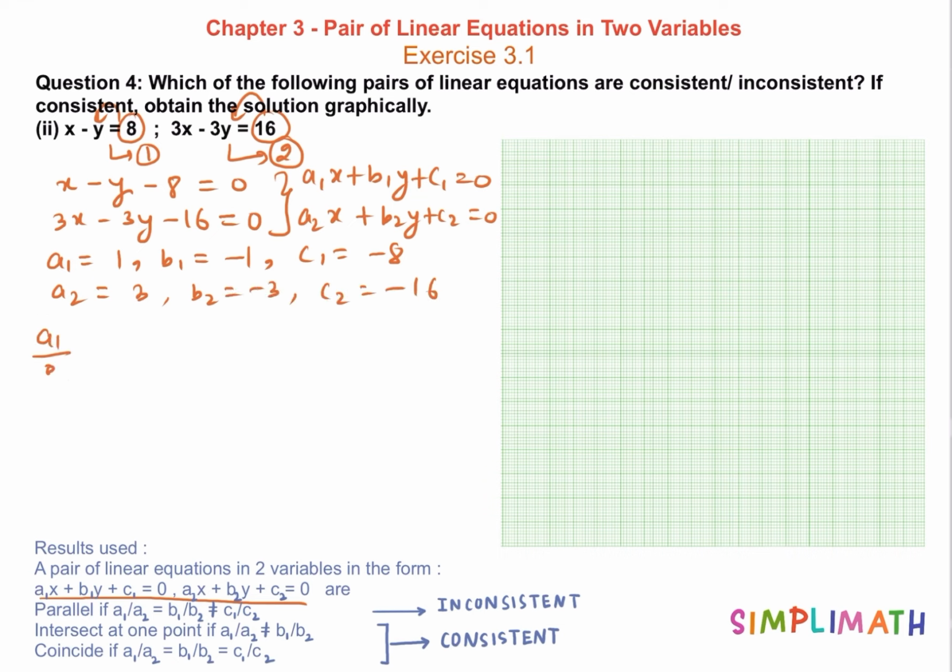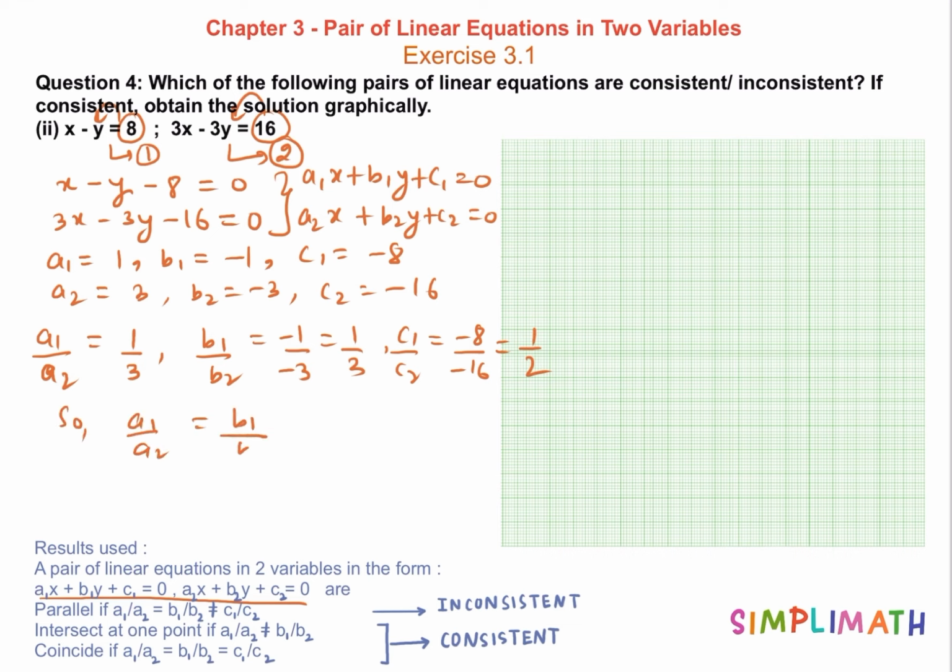So a1 by a2 is equal to 1 by 3, b1 by b2 equals minus 1 by minus 3, which is equal to 1 by 3, and c1 by c2 equals minus 8 by minus 16, which is equal to 1 by 2. So we have a1 by a2 equal to b1 by b2, which is not equal to c1 by c2.